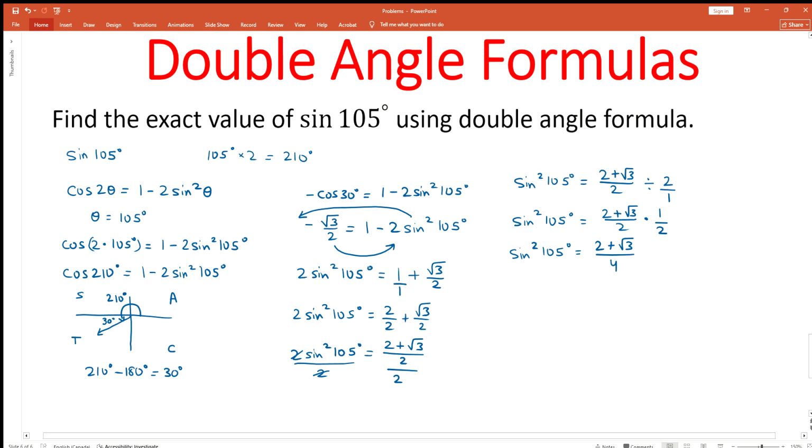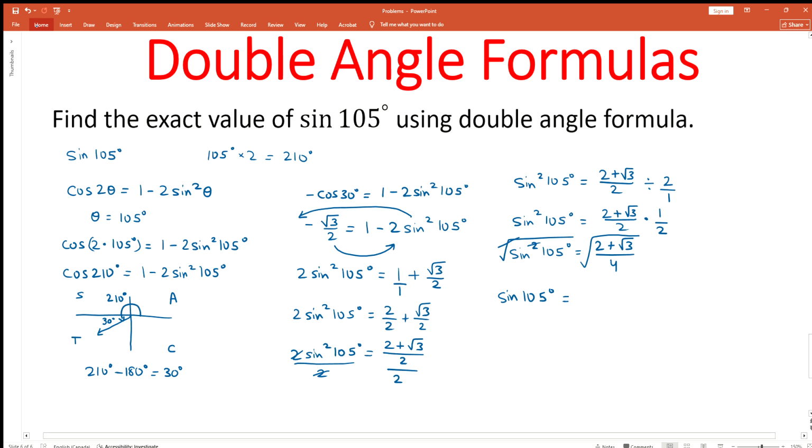Next, we can apply square root to both sides to get rid of the square on the sine. The square and the square root on the left side cancel each other out. Angle 105 degrees lies in quadrant 2, and in quadrant 2 sine is positive, so we get the positive case when we apply the square root.